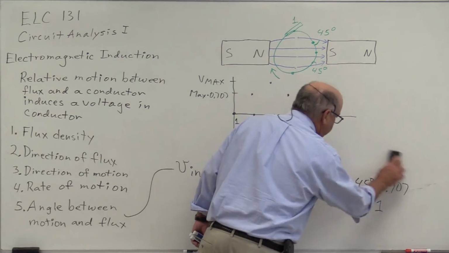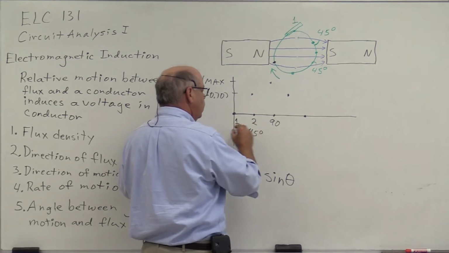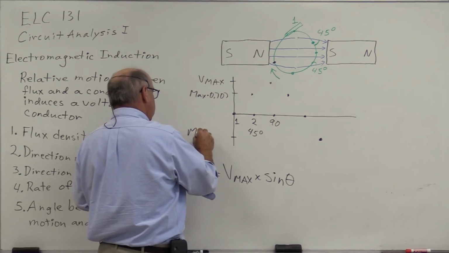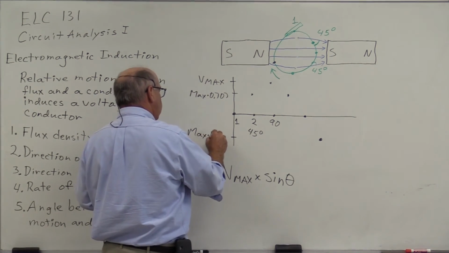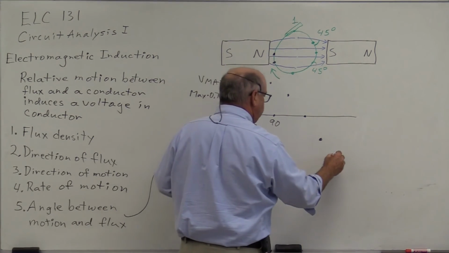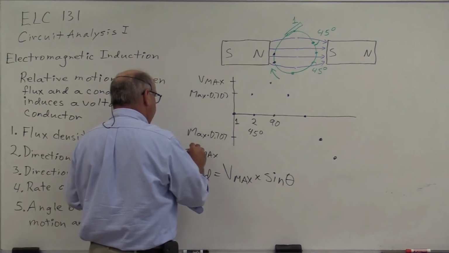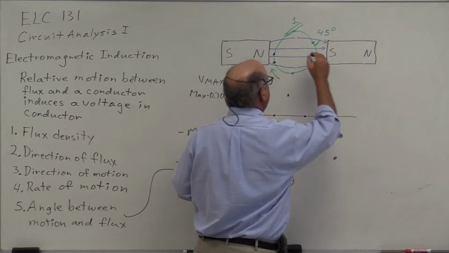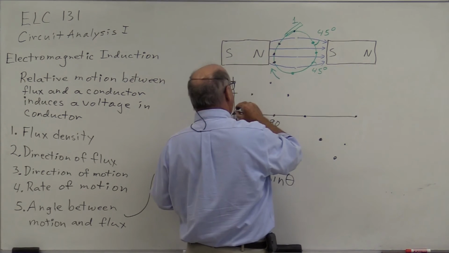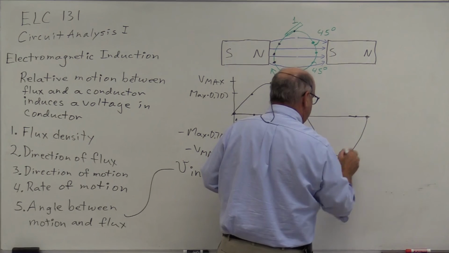So when I get to this point where the angle is 45 degrees, I will generate a negative voltage, which is the max times 0.707. At this point where it's 90 degrees, I'll be down here at negative Vmax, and again at 45 degrees and back to 0. Now, if I connect these dots, notice what sort of waveform I create.